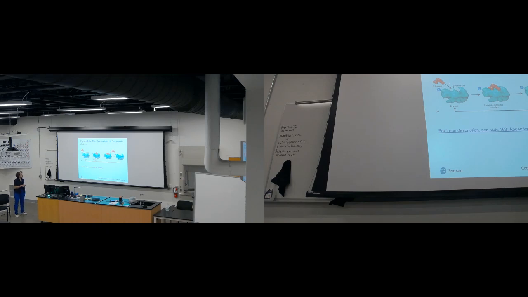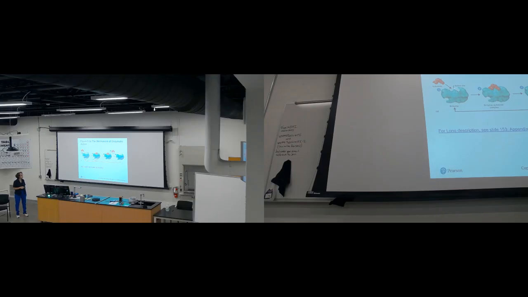Substrates enter into a specific area of the enzyme that is called the active site. So this enzyme has these little gaps that specifically fit, well, interact with these substrates.